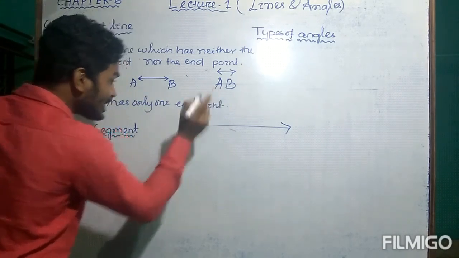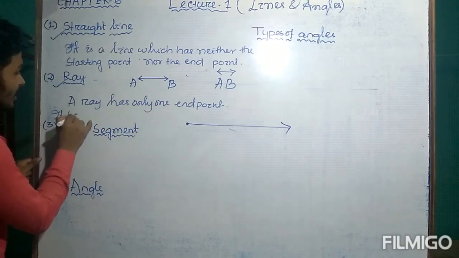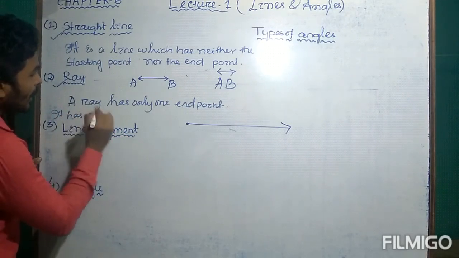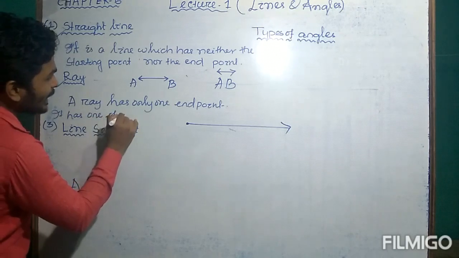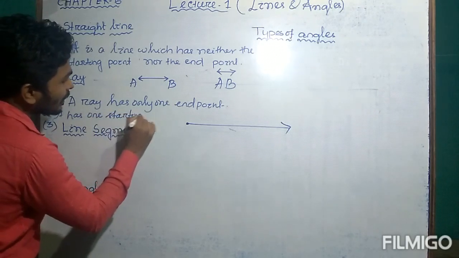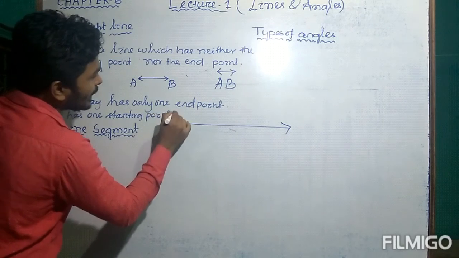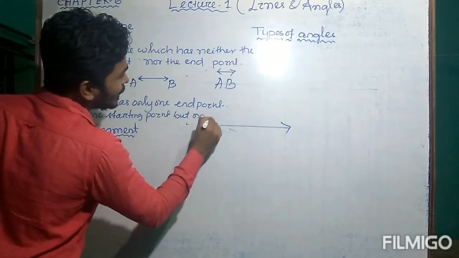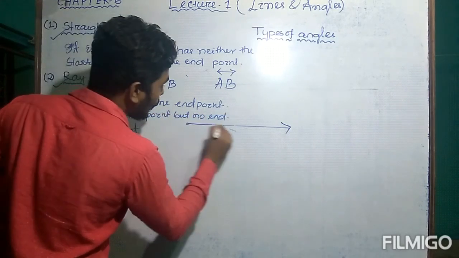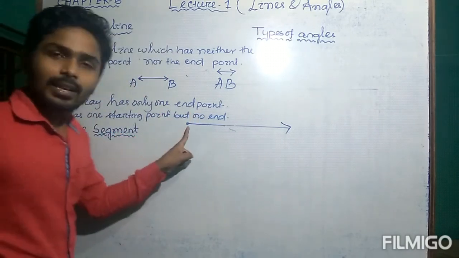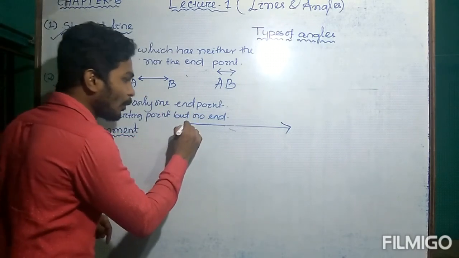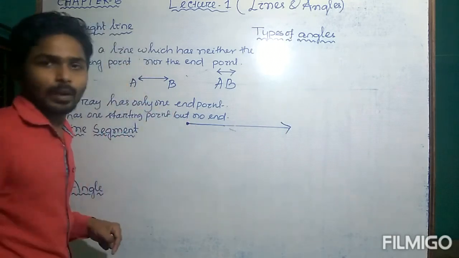Okay? Or you can say it has one starting point, okay, but no end point. It has no end point. Since it has a starting point, that is why that point is denoted by this symbol.